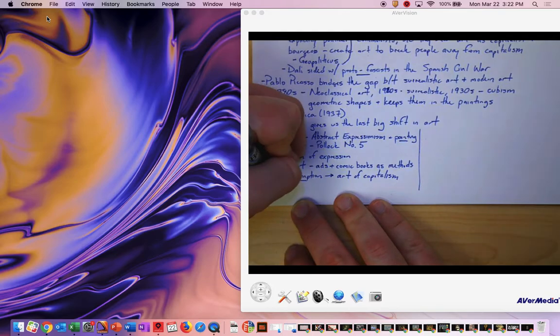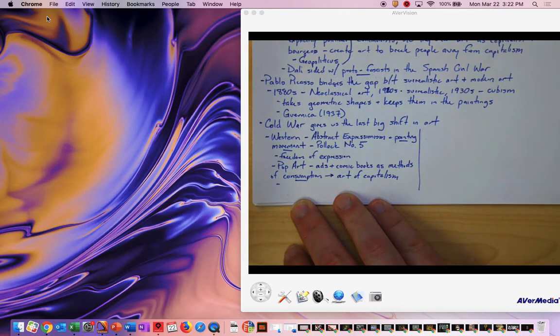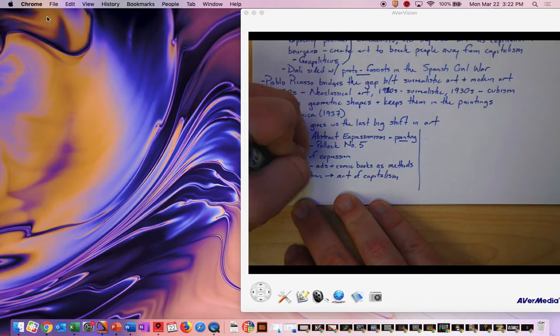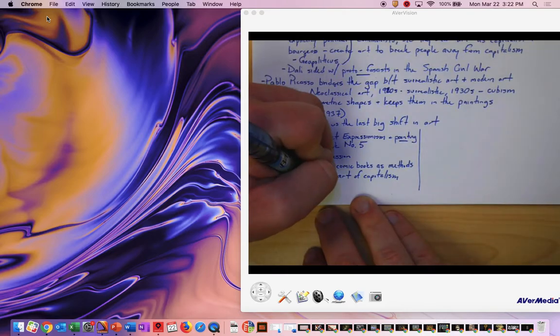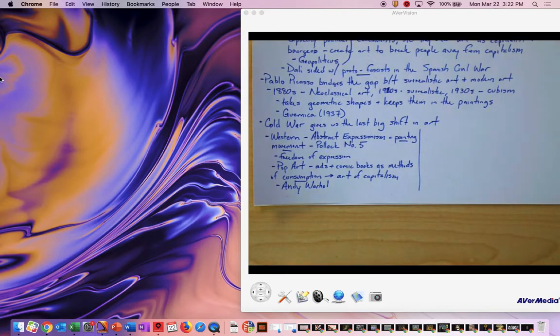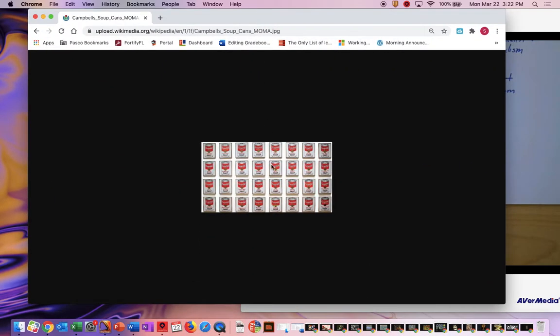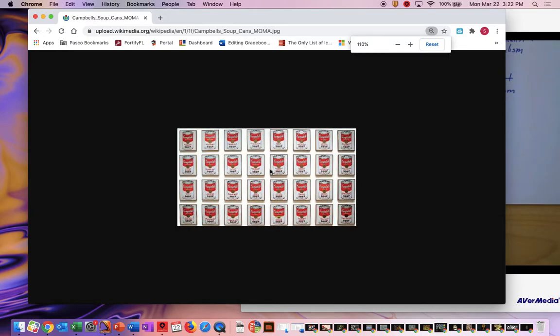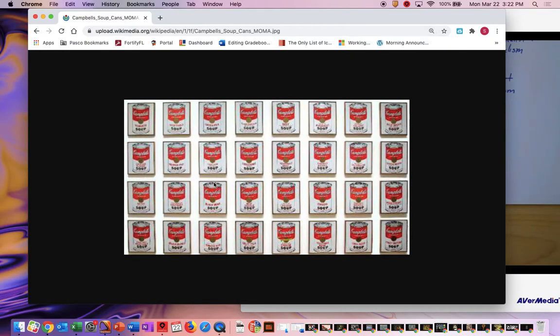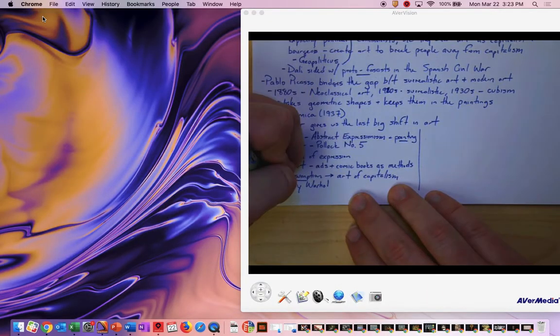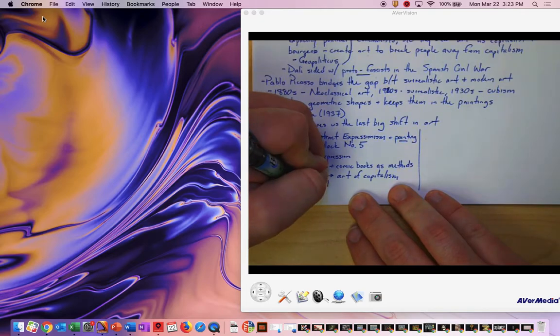So two names kind of to associate with pop art. Andy Warhol, and he's famous for, among other things, the Campbell's soup. So it just adds just an ad of Campbell's soup, just over and over and over again. The other name is Roy Lichtenstein.